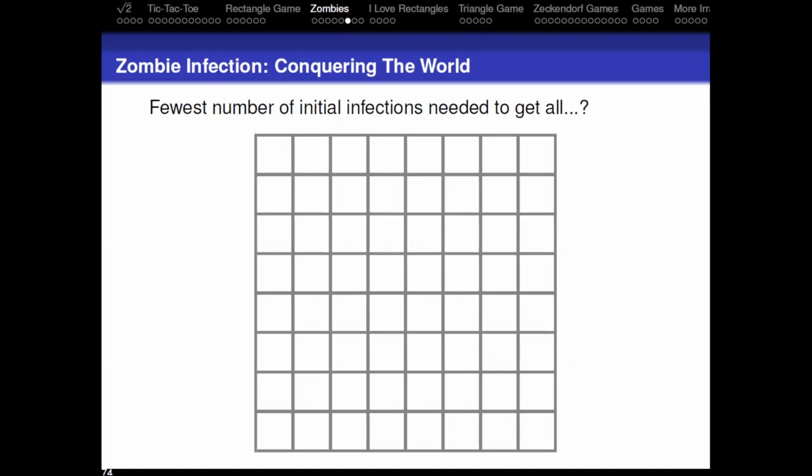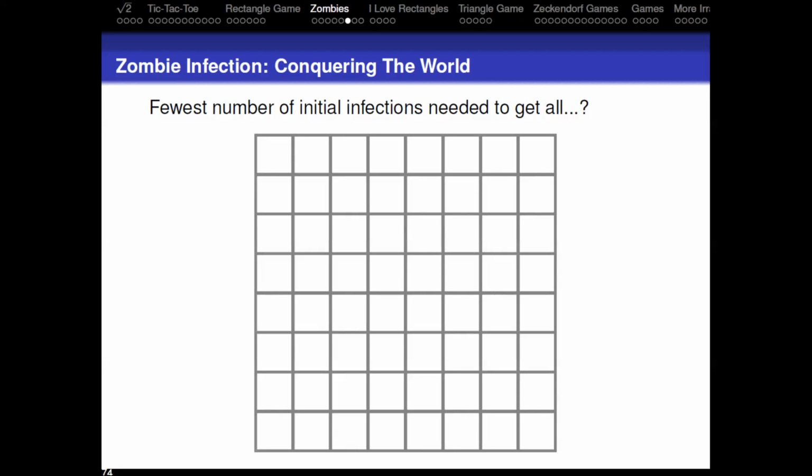So can you infect far fewer people than 1/2 n squared and still guarantee that eventually everybody's infected? Any thoughts? I think you started to draw it before.